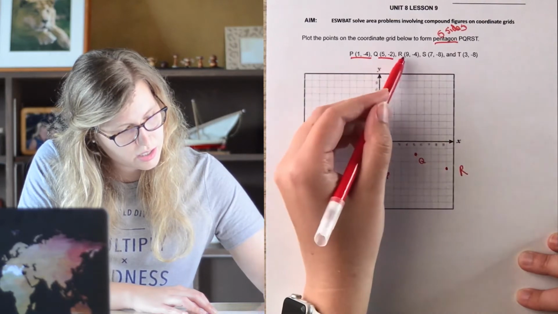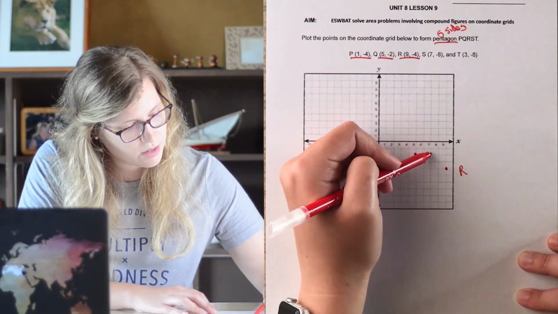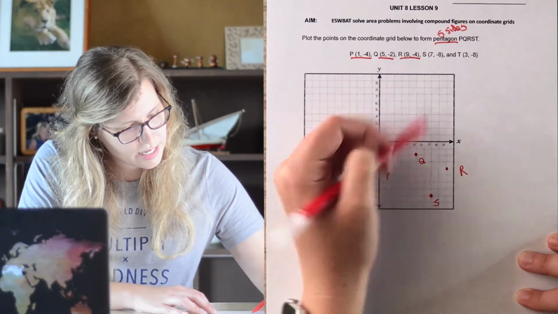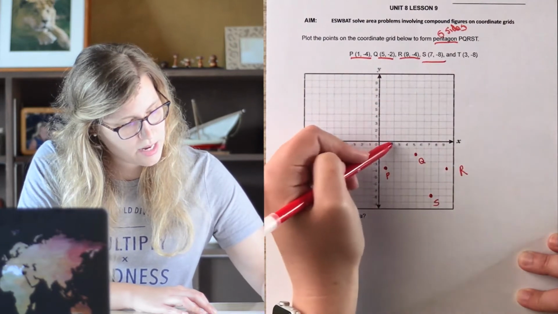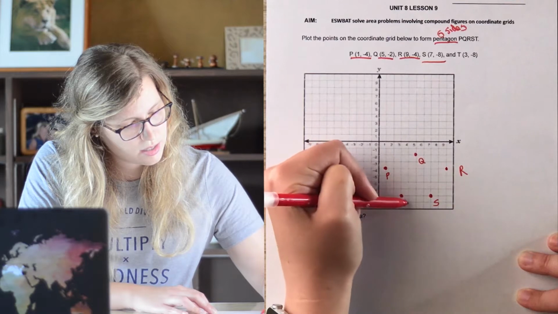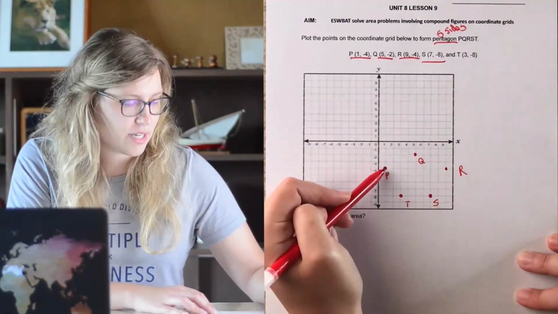That's R. S is to the right 7, down -8. That's S. And 3, -8. So to the right 3 and down 8. That's T. All right, so if I want to find the area of the shape, I have to connect it.